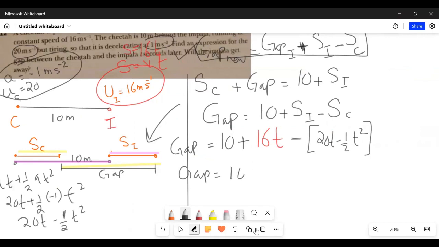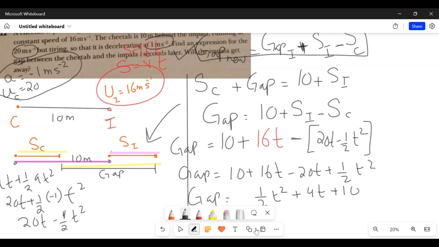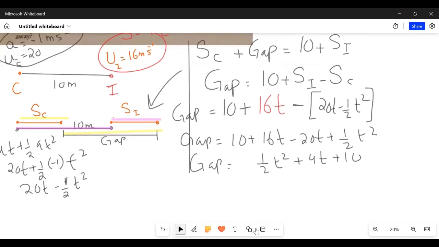So it's 10 plus 16t minus 20t plus half t square. Collect the like terms. So half t square minus 4t plus 10. This is the expression for the gap between the impala and the cheetah at time t.